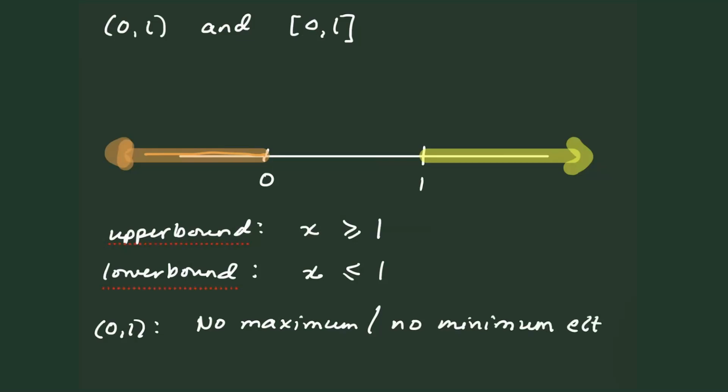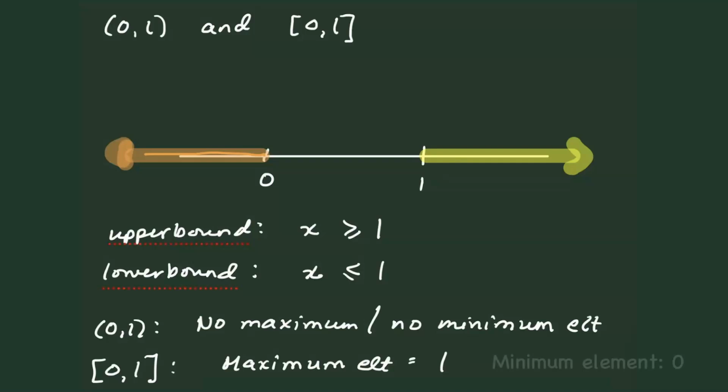Because all the upper bounds and all the lower bounds are outside of this set. However, for the closed interval 0, 1, our maximum element would be 1, and our minimum element would be 0.